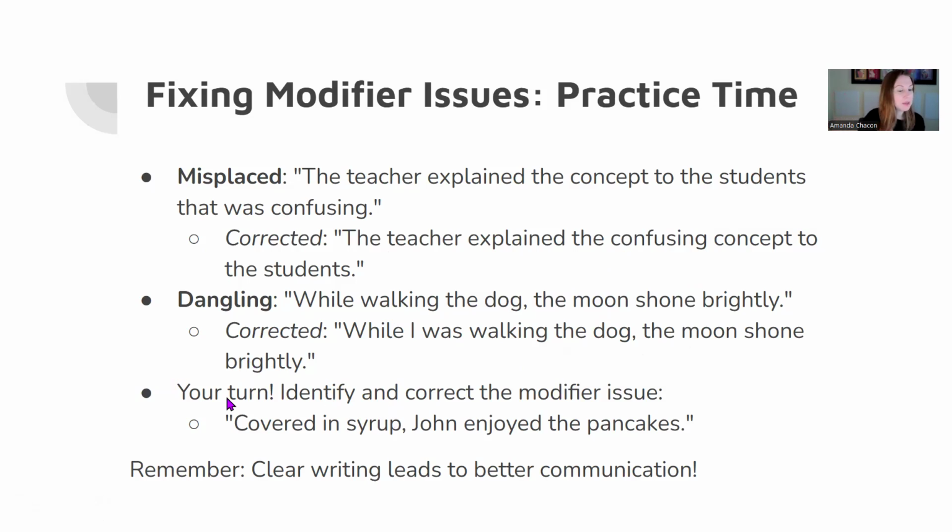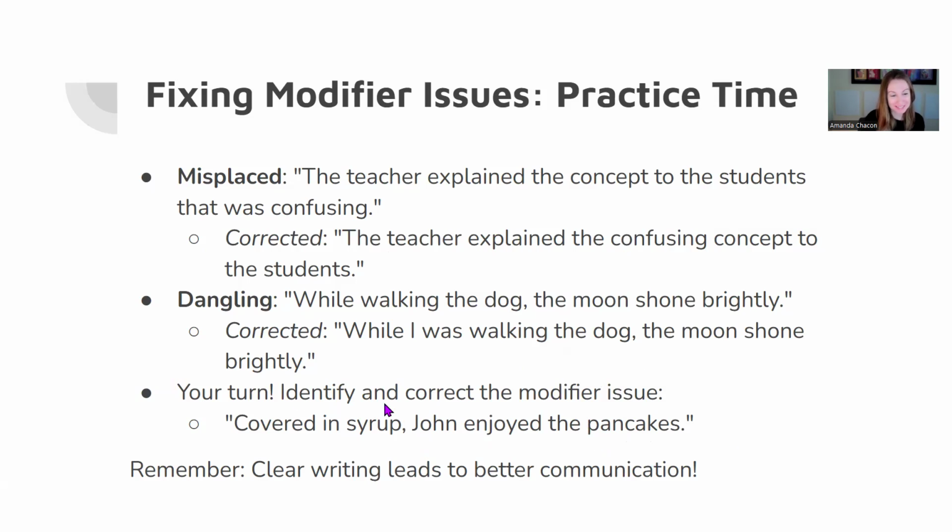What about this one? Covered in syrup, comma, John enjoyed the pancakes. Now, this is a bit of a weird one, right? We are saying that who or what is covered in syrup here? John. We're saying John is covered in syrup. And then he enjoyed the pancakes. That's probably not the case, right? What is covered in syrup?